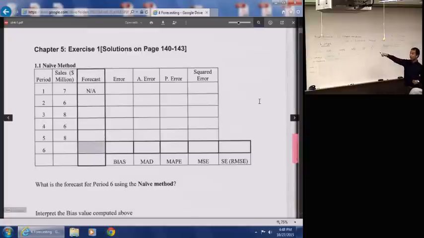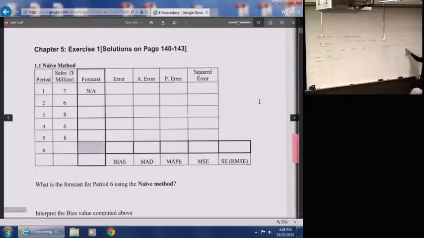Let's use that example. You've got sales 7, 6, 8, 6, 8. You probably use, for example, the naive method. So there's no first predicted sales, and the first value is going to be 7, according to the naive, then 6, 8, and 6.